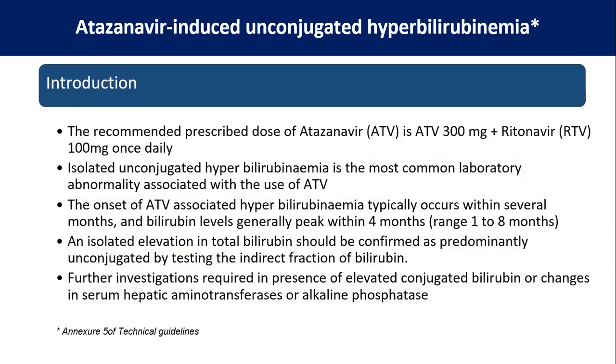Now, atazanavir-induced unconjugated hyperbilirubinemia, with the prescribed dose of 300 milligram atazanavir and 100 milligram ritonavir once a day, tends to occur within 1 to 8 months of initiation of ATV/r. An isolated elevation in total bilirubin should be confirmed as predominantly unconjugated by testing the indirect fraction of bilirubin.